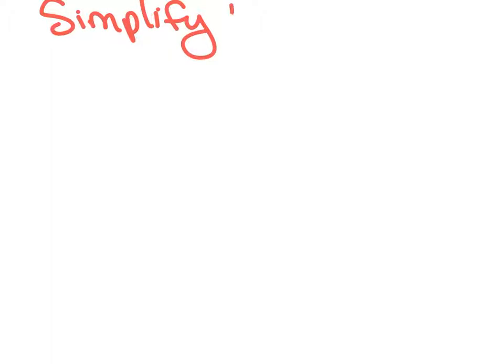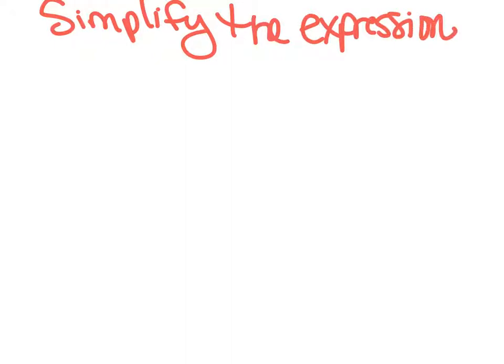Okay. All right, since you guys did such a good job, the very last thing I want to try is simplifying an expression, which seems weird because we're not really into simplifying expressions yet, but it'll say simplify the expression. Okay, so some of your problems will tell you to simplify the expression.